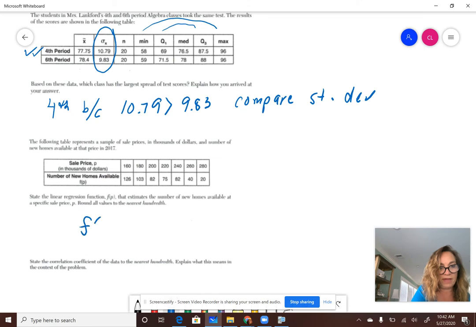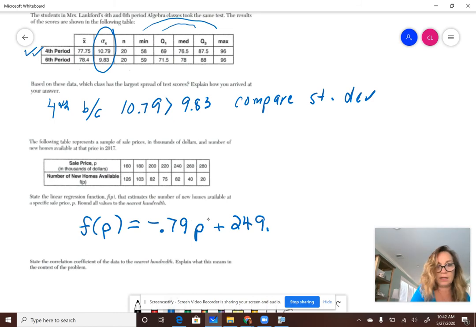Okay, so copy and then round. So f of p is equal to, round all values to the nearest hundredth, negative 0.79p, use the letters they give you, plus 249.86.